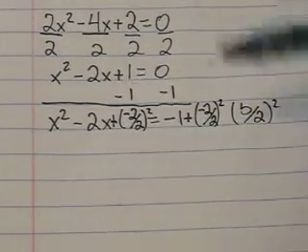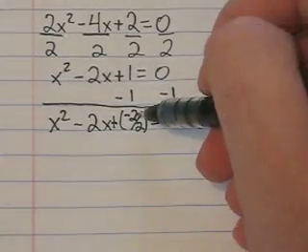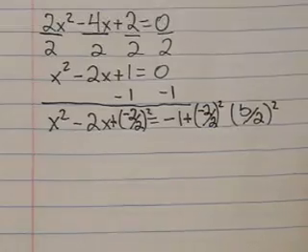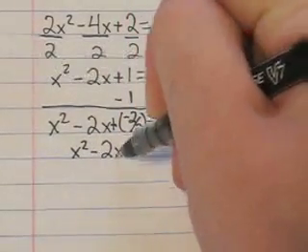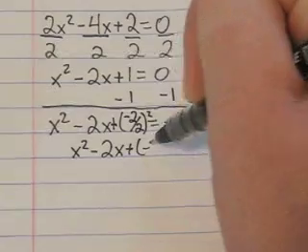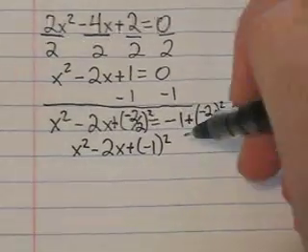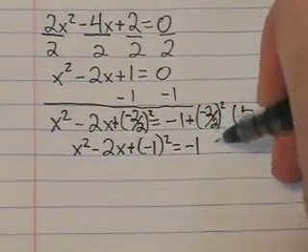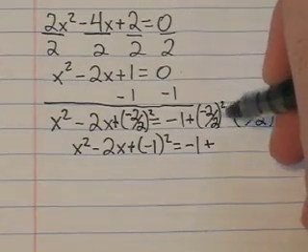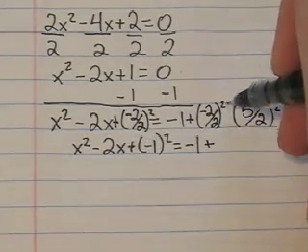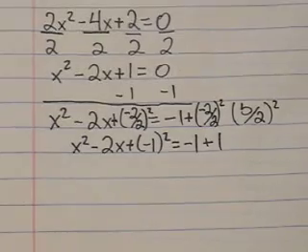So when we work this out, we know that negative 2 divided by 2 is going to give you negative 1. So that gives us x squared minus 2x plus negative 1 squared equals negative 1 plus, since we know negative 1 is inside the parentheses, negative 1 squared would be positive 1.